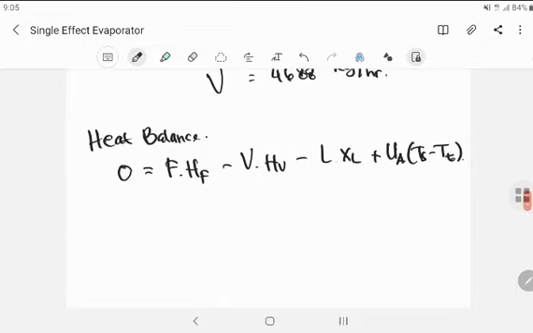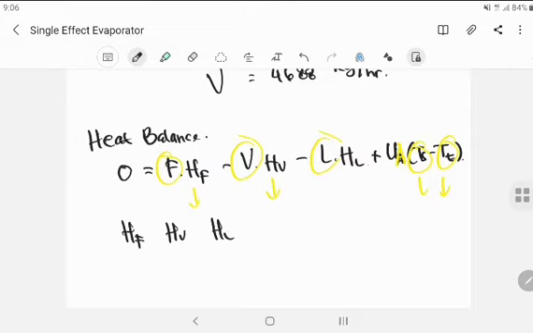All this information we already have from the mass balance, right? The TS is already there, TE is also there, and UA. Sorry, not XL, my bad, it is HL.